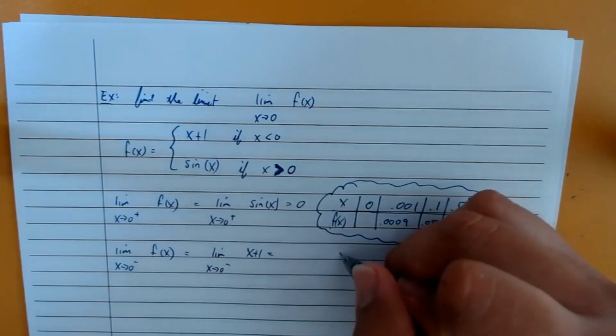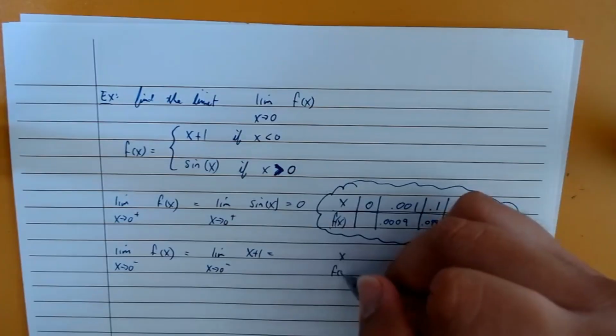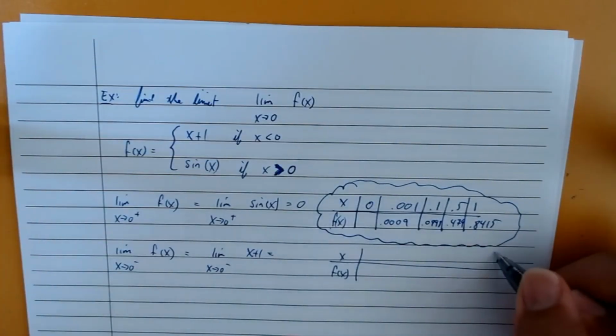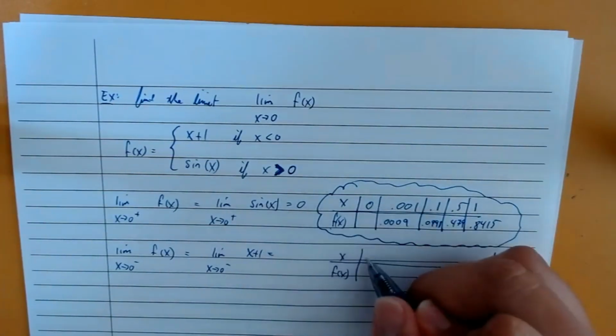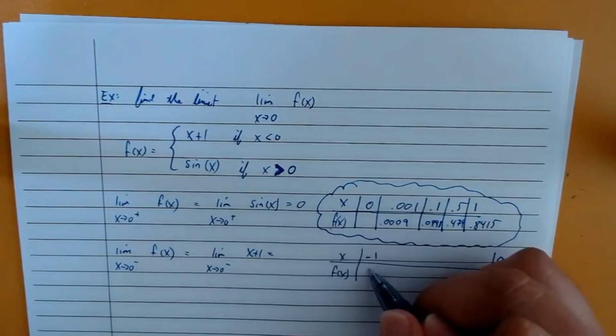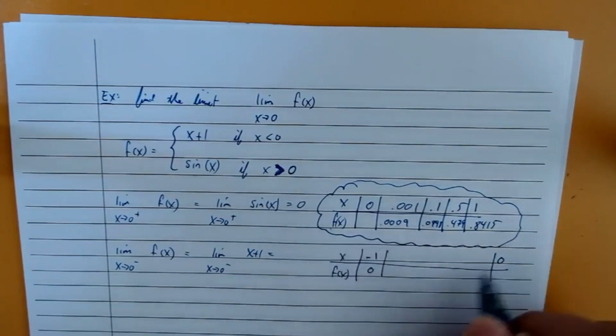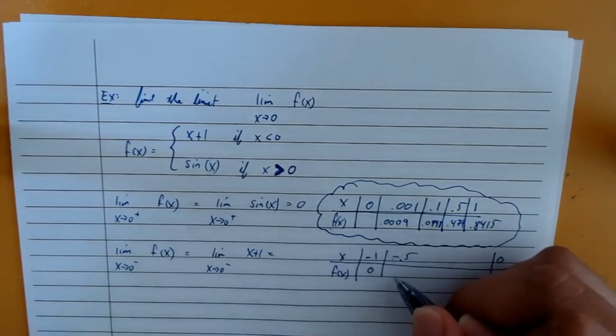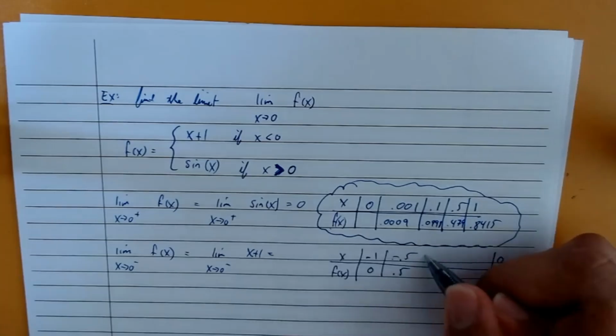And let's see what that is. So we're going to plug in an x, and we're going to get an f of x. And now I want to get to 0 from the left side. Okay, so let me start with something like negative 1. Negative 1 plus 1 is 0. Okay, well, let me get closer to 0. Let's say negative 0.5. Negative 0.5 plus 1 is 0.5. Let me get closer.